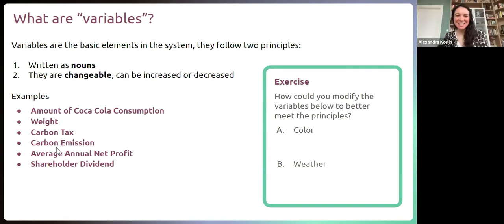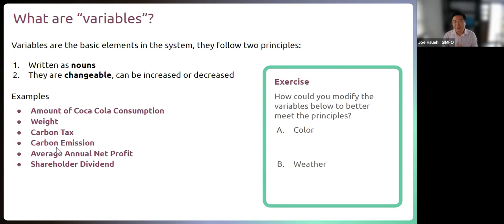Dark versus light. Level, right. Yeah, perfect. And what about weather? It could be the temperature, right? Or humidity. All those are more precise ways of capturing what you want to capture in the system.